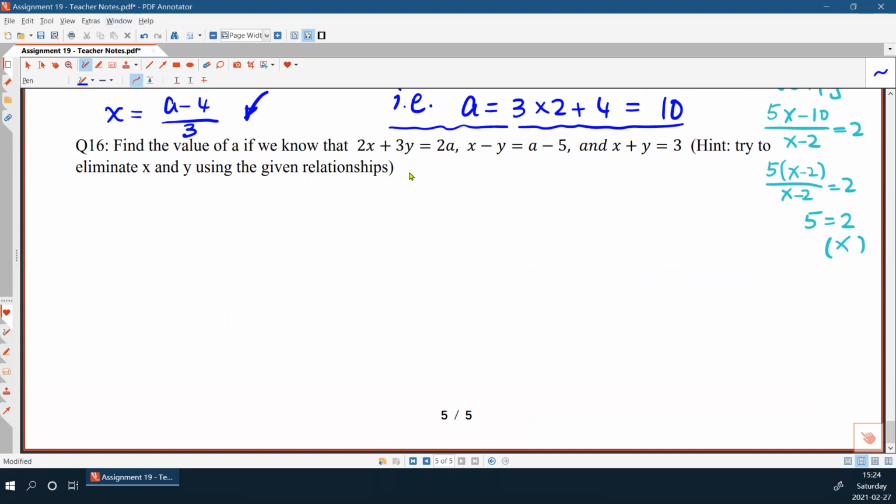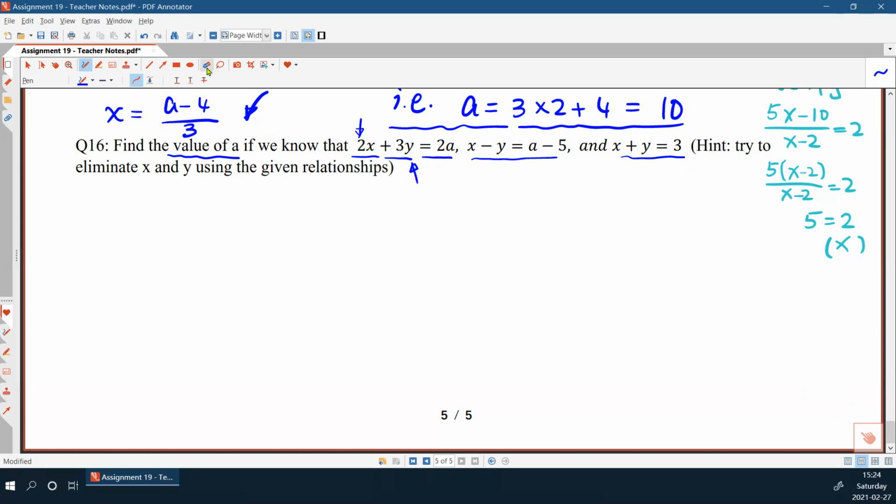Okay, question 16, you want to try to solve for the value of a, right? And you know that 2x plus 3y equals 2a, and two other relationships. In order to solve for a, it's better for us if we can eliminate the x and y here.